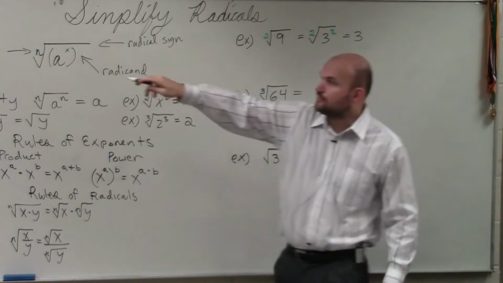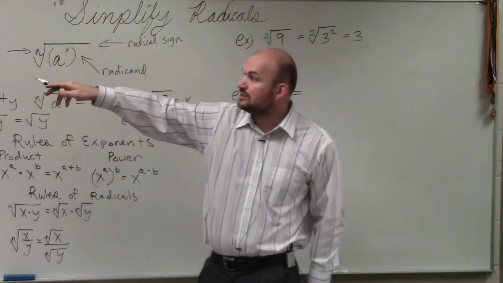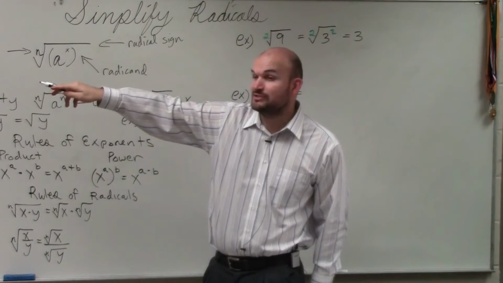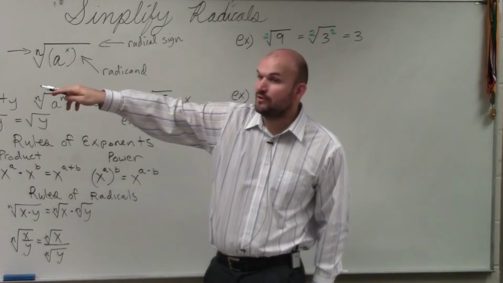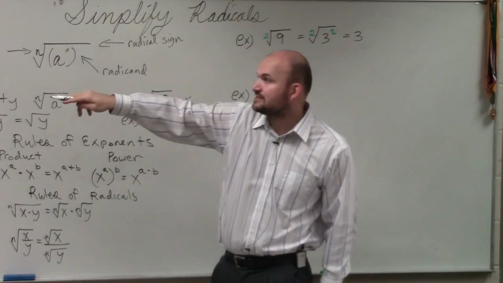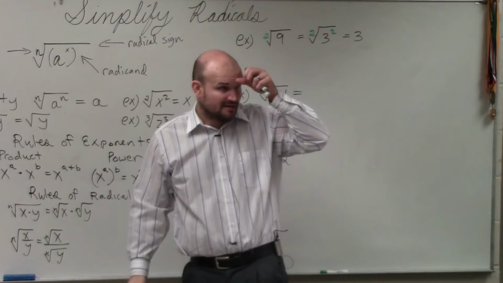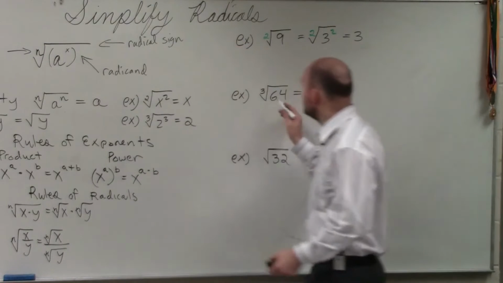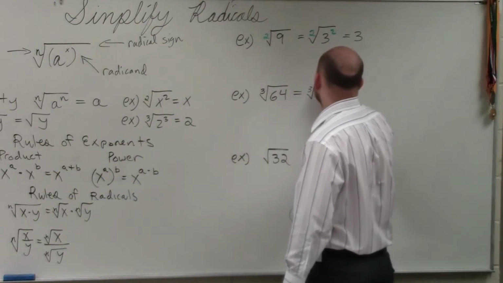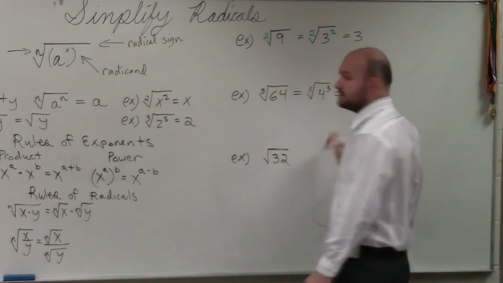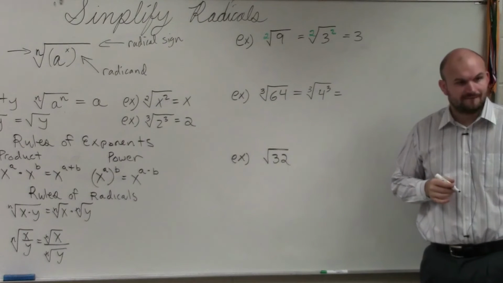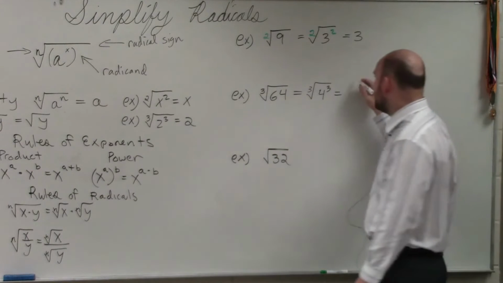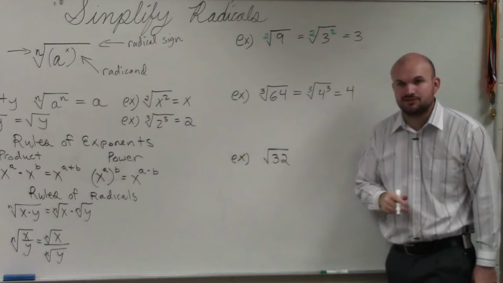I wrote down the popular cube numbers. 2 cubed is 8, 3 cubed is 27, 4 cubed is 64, 5 cubed is 125, 6 cubed is 216, right? So you could see that I could rewrite this as 4 cubed. Does that make sense? And then now I can apply the identity element and say that's just going to equal 4.